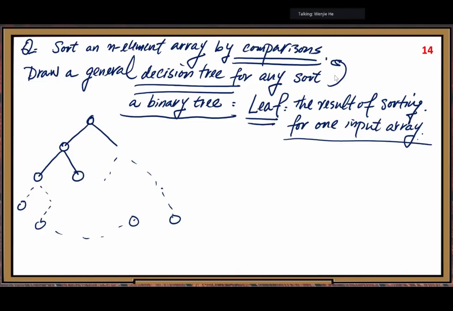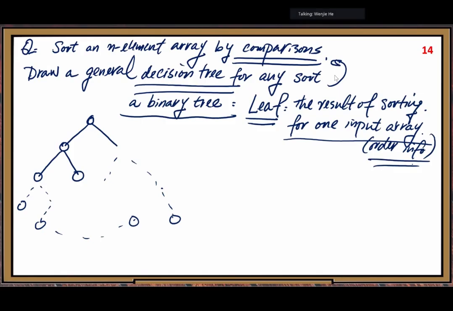Actually, the main property that determines which leaf you end up with is the specific order information. What is the specific order?